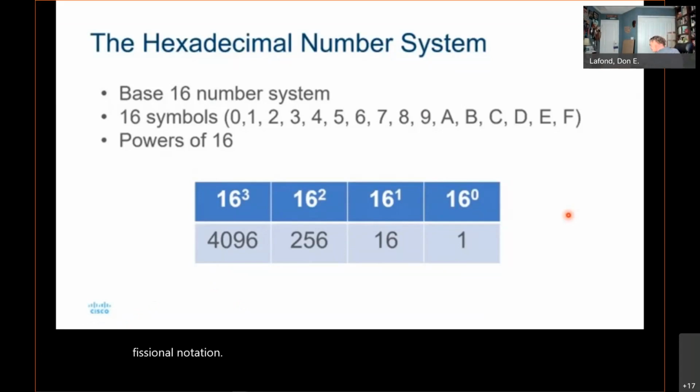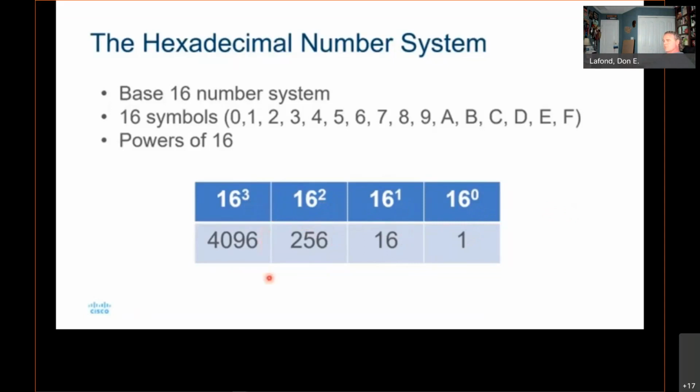Here we can see the first 4 place values based on powers of 16. This is 16 to the power of 0, or 1. Any number to the power of 0 is 1. This is 16 to the power of 1, or 16. This is 16 to the power of 2, or 16 times 16, which equals 256, and this is 16 to the power of 3, or 16 times 16 times 16, which equals 4,096.